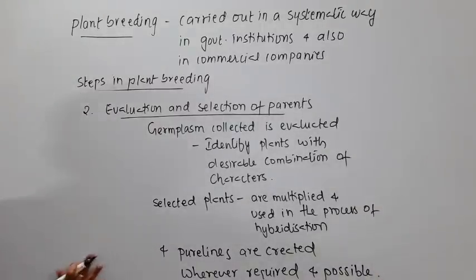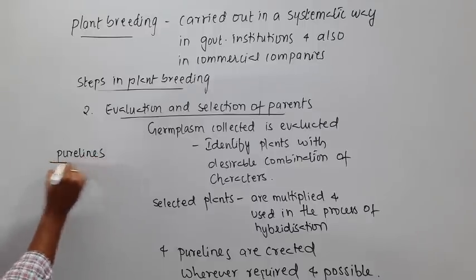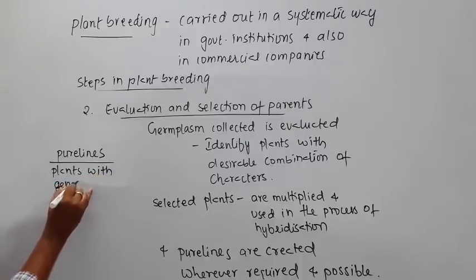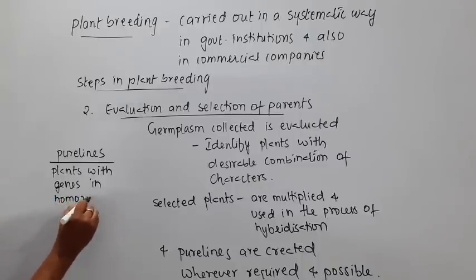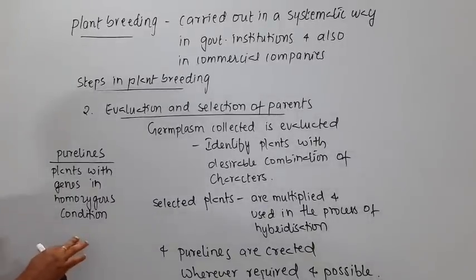So here pure lines are the plants with the genes in homozygous condition. Right. Here I'll give you an idea what actually this homozygous condition is.